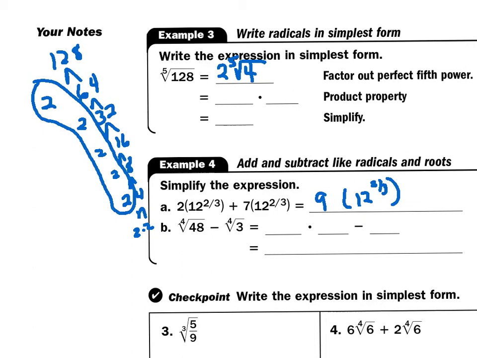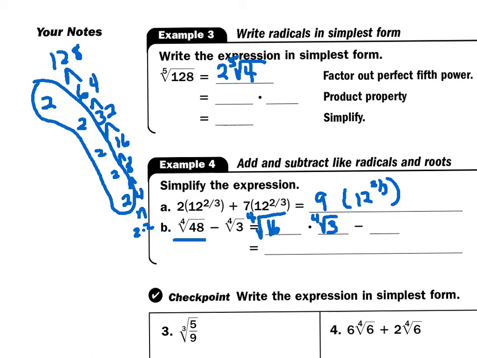Okay, on B, what can I do? Let's break this one up into the 4th root of 16 times the 4th root of 3, because I'm just breaking my 48 into 16 times 3. And why do I want to do that?